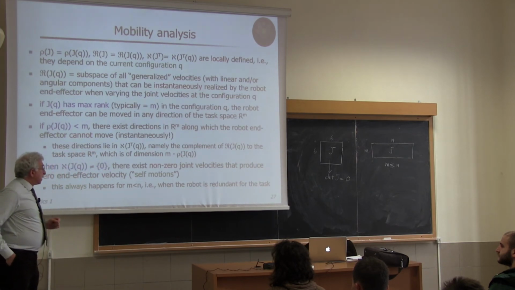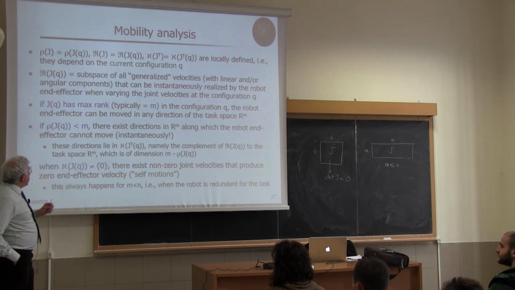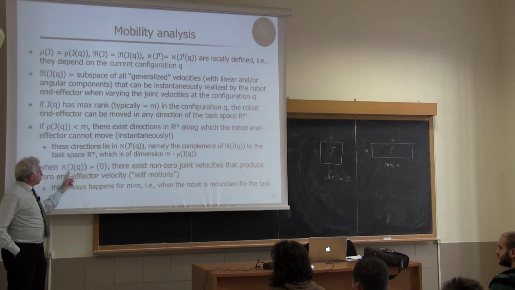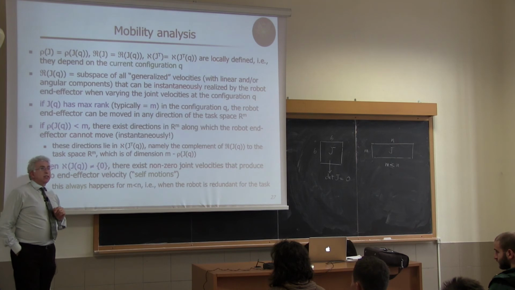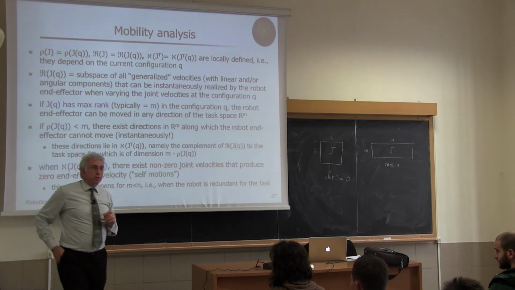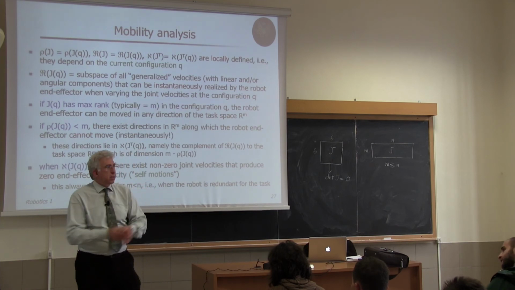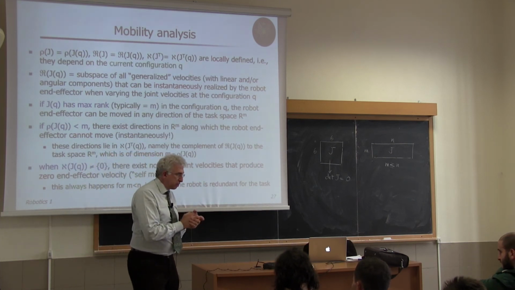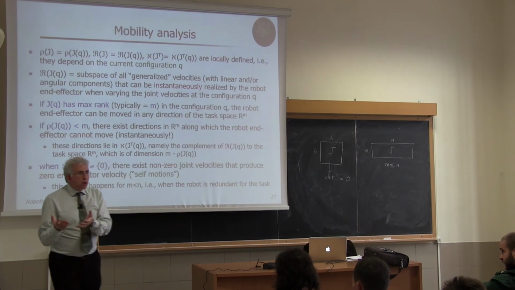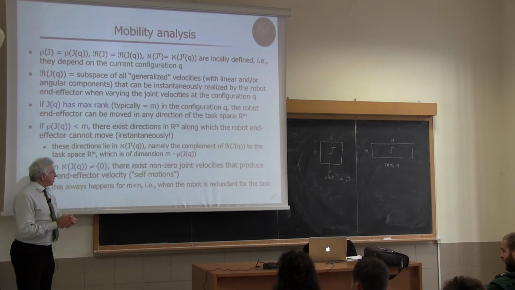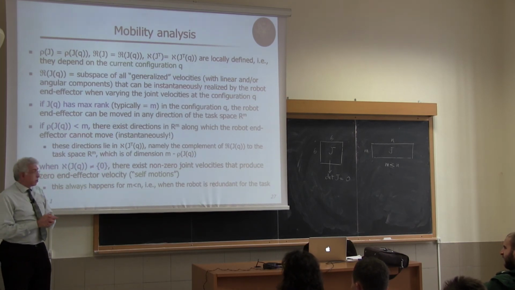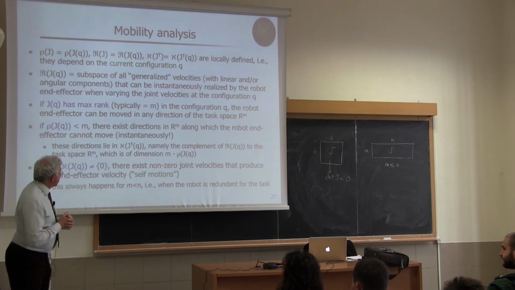And we will see later what it means when the null space of the Jacobian is different from the zero vector, because the zero vector is always in the null space. If I don't move the joints, I will not move the end effector. But then there could be some motion of the joints, called self-motion, that will not produce a velocity at the end effector level. Okay?